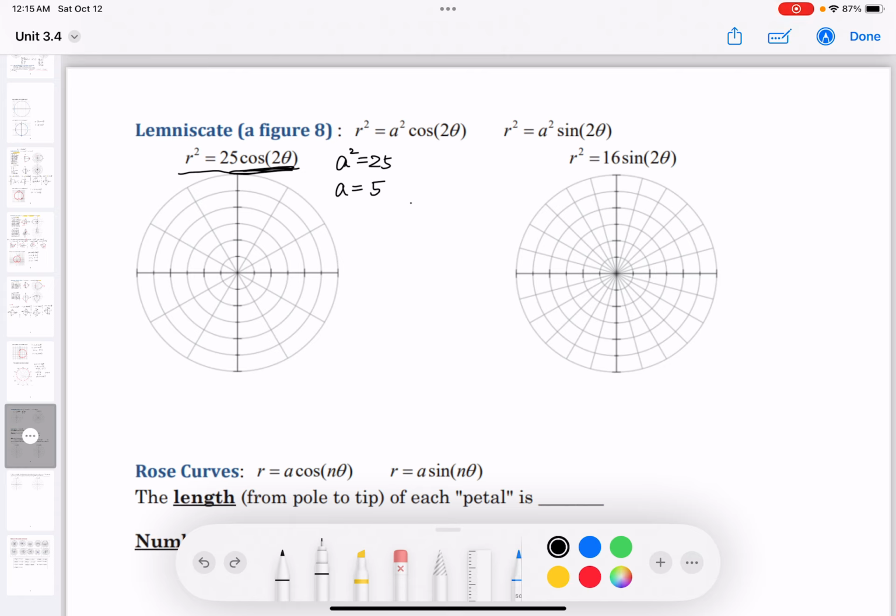So we are going to have a from 1, 2, 3, 4, 5, from the pole or from the center, to the far point here is 5. And then we have another side because this is a figure 8. We need to have an 8. So another side is symmetric along the y-axis. So it's a figure 8 shape.